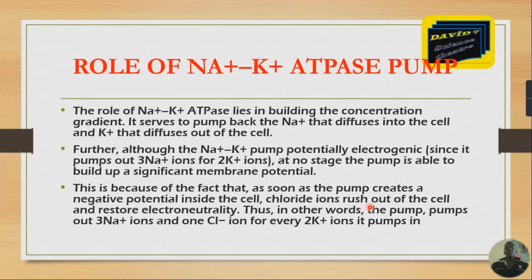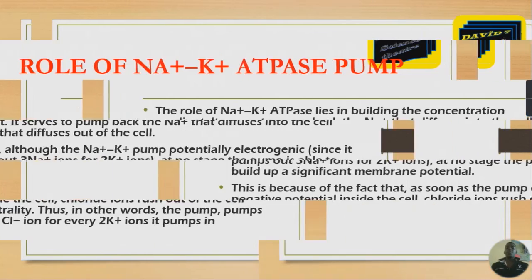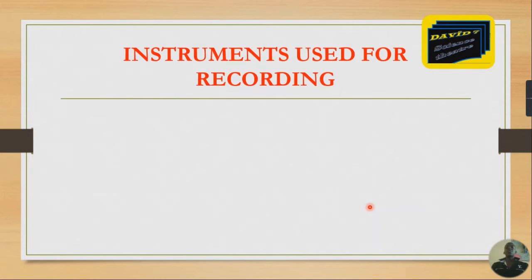Therefore, it pumps out 3 sodium ions and 1 chloride ion for every 2 potassium ions it pumps in. Alright, so chloride was the major anion causing that occurrence in the previous page.